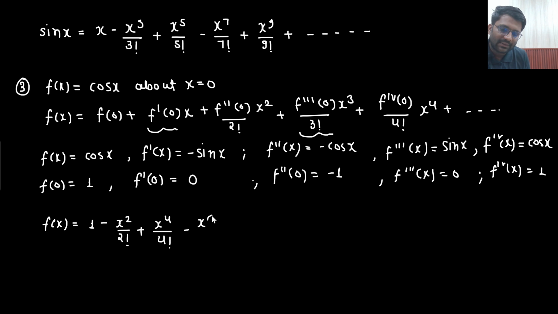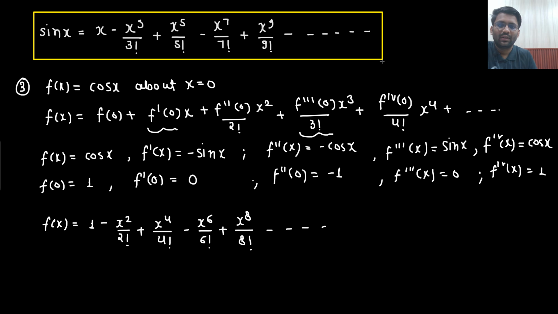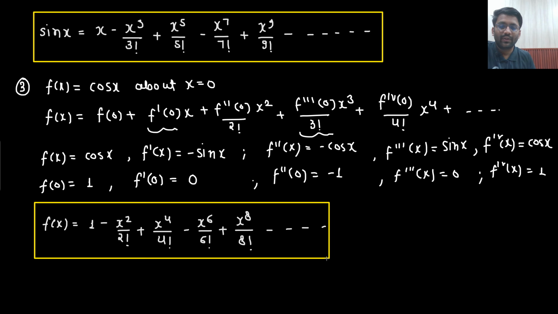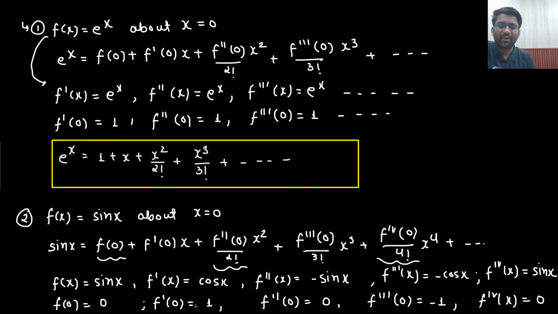Then again minus x to the power 6 divided by 6 factorial. Then again plus x to the power 8 divided by 8 factorial, and so on. Plus minus, it will keep on going. Understandable? So in that manner, this expansion will keep on going. You will not derive it in the examination hall, you will remember it. Okay, we are going to remember all these expansions.